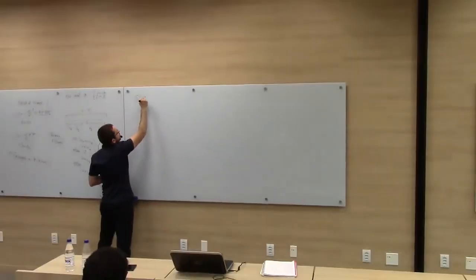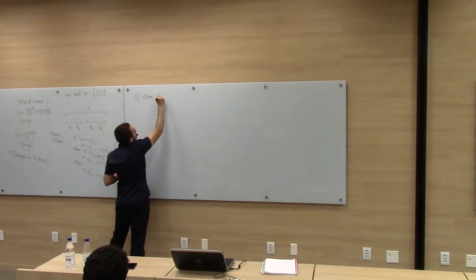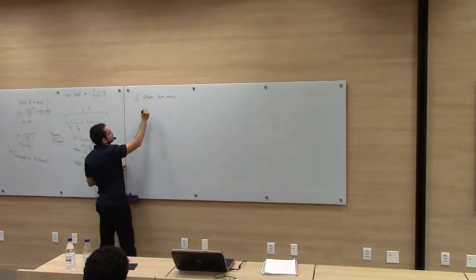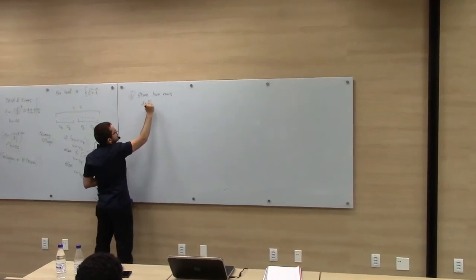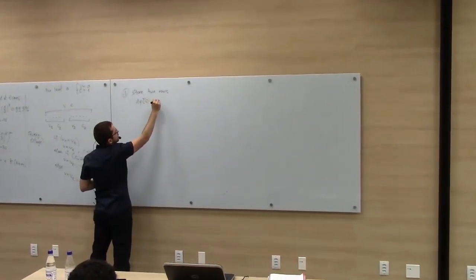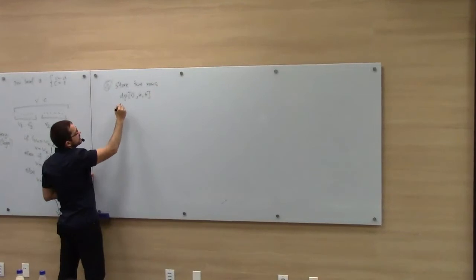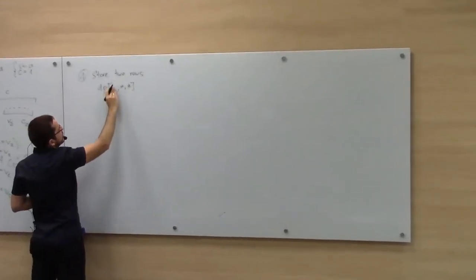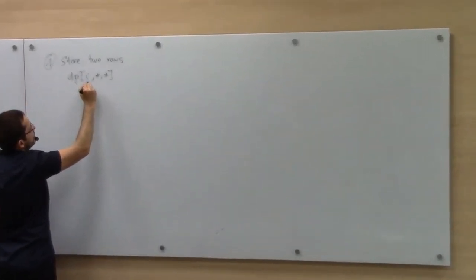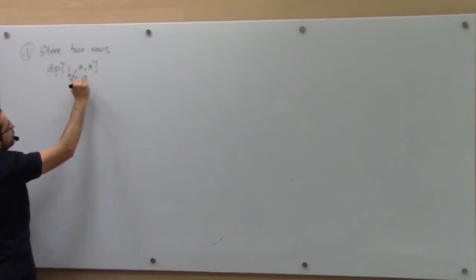So the first idea will be to store 2 rows. So basically we store dp for i from 0 to 1.